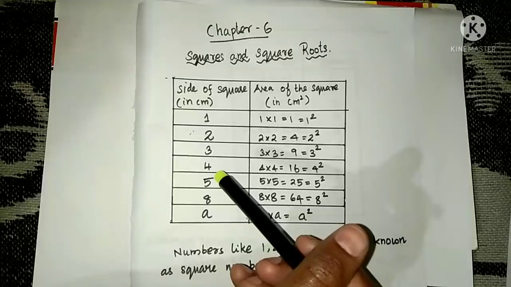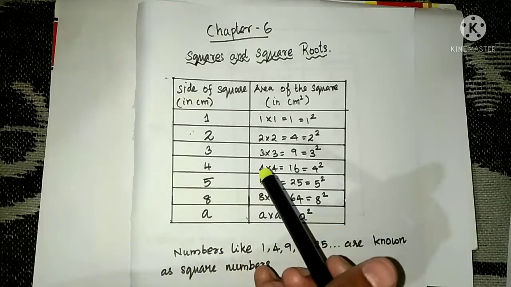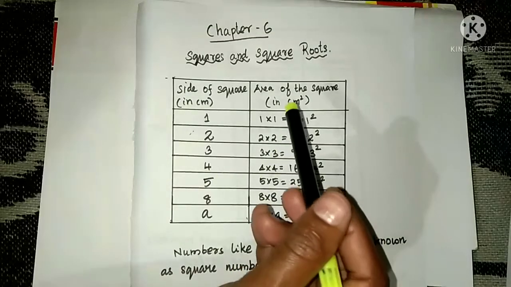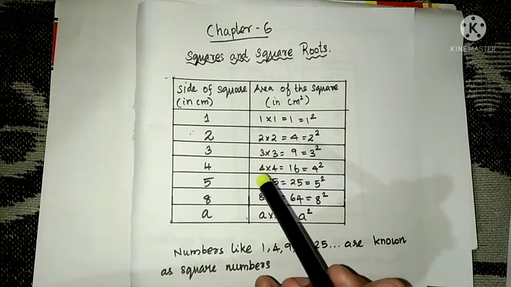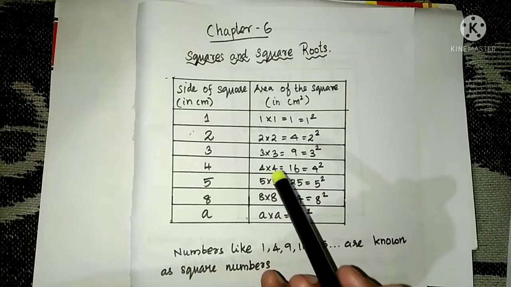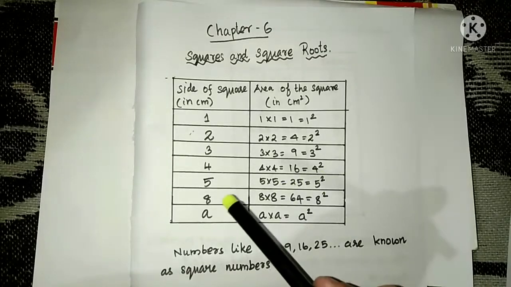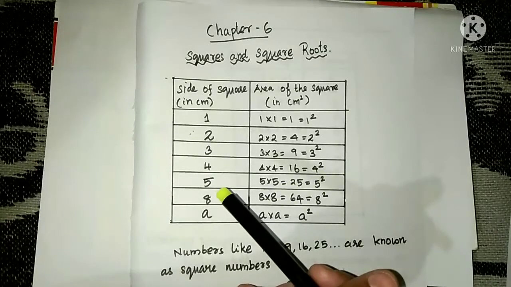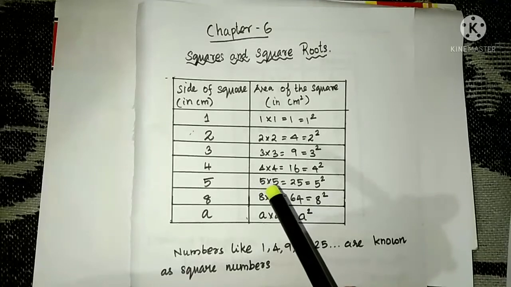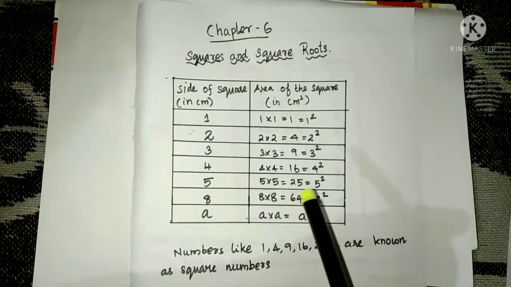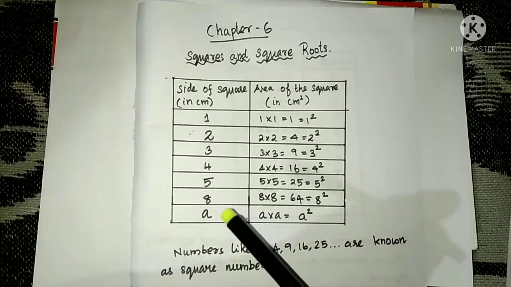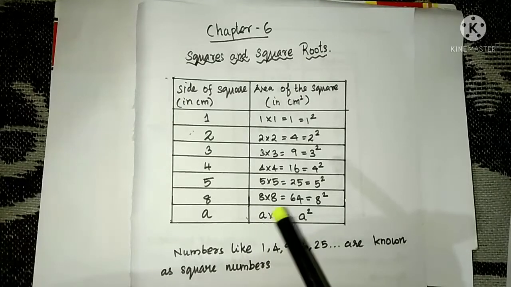If the side is 4, then we can write the area is equal to 4 into 4, that is equal to 16, that we can write as 4 squared. If the side is 5, we can write 5 into 5, that is equal to 25, which is 5 squared. The same case applies to any side.